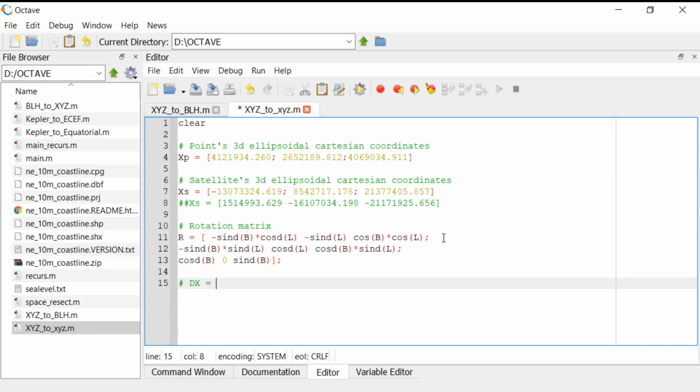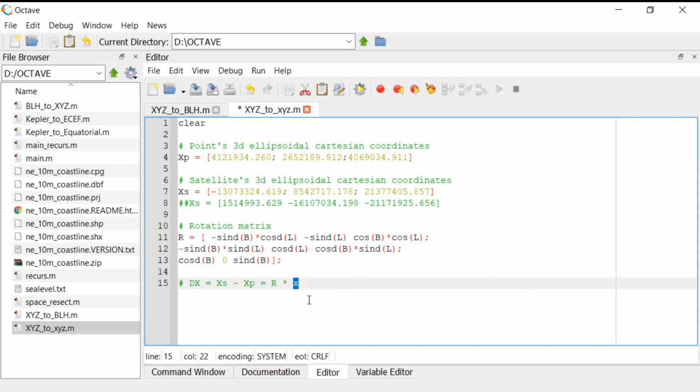In our case, this will be the satellite's position minus my point position, and this will be given by r times x. As you can see here, I need the local coordinates, and that's why I need to take the transpose of my rotation matrix in order to obtain the local coordinates.